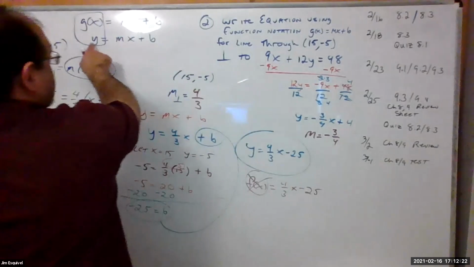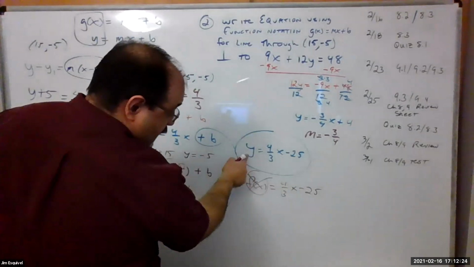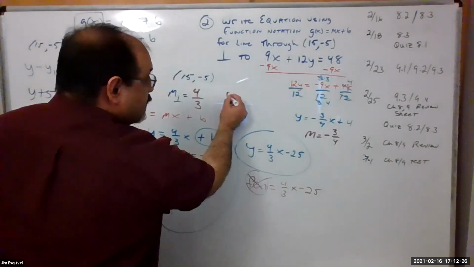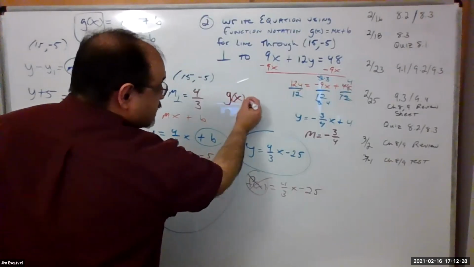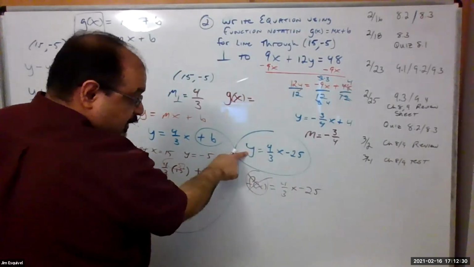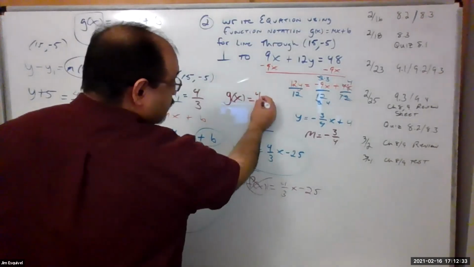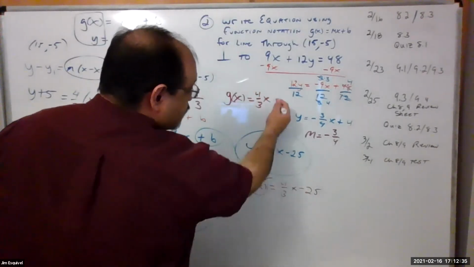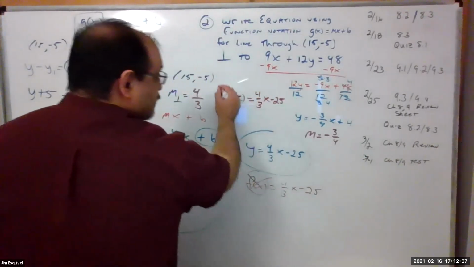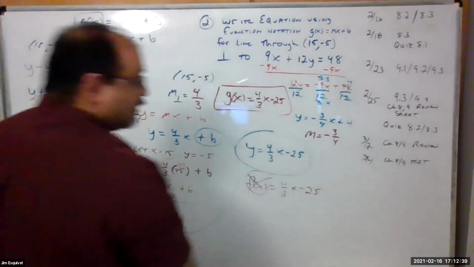Final answer in g of x. So you're going to replace y with g of x. That's all you do: replace y with g of x equals 4/3 x minus 25. Very good. Good call.